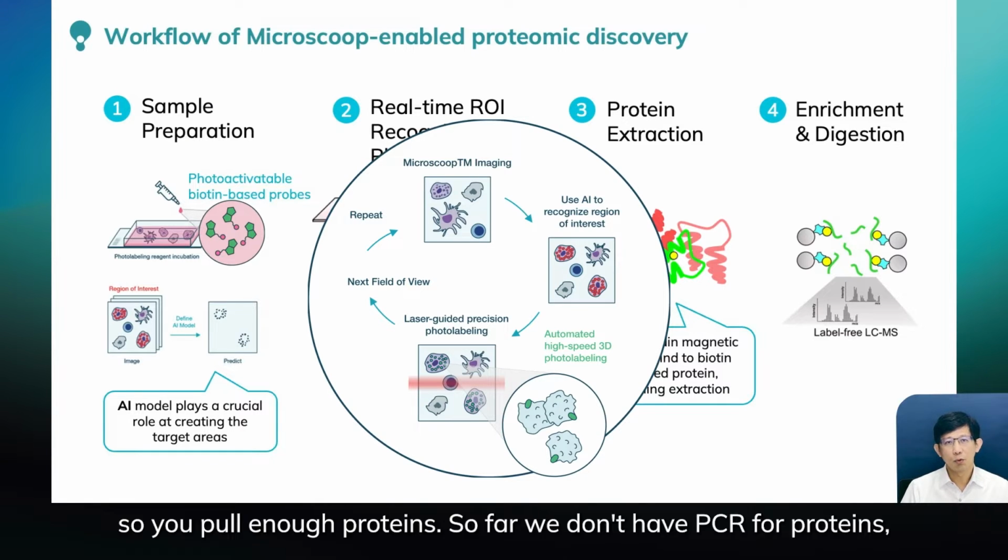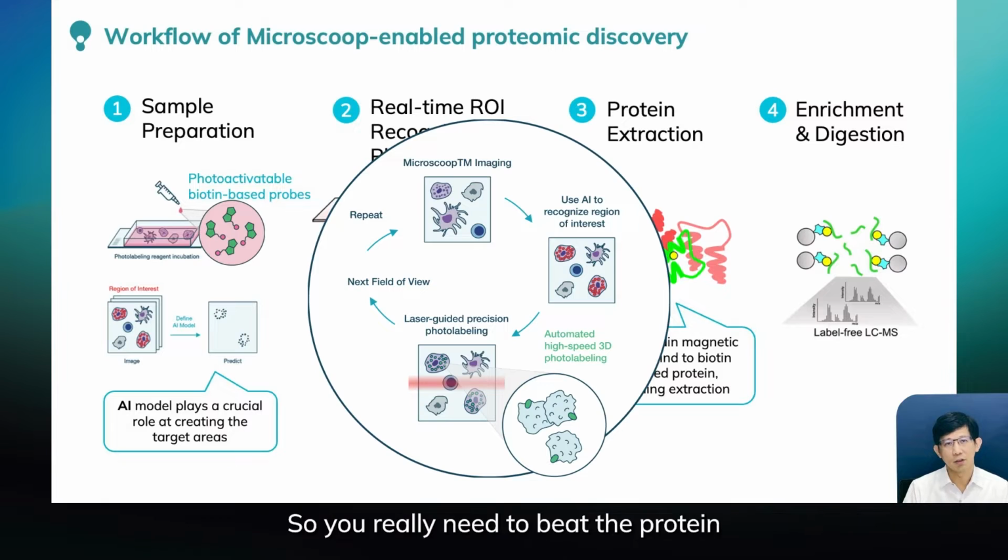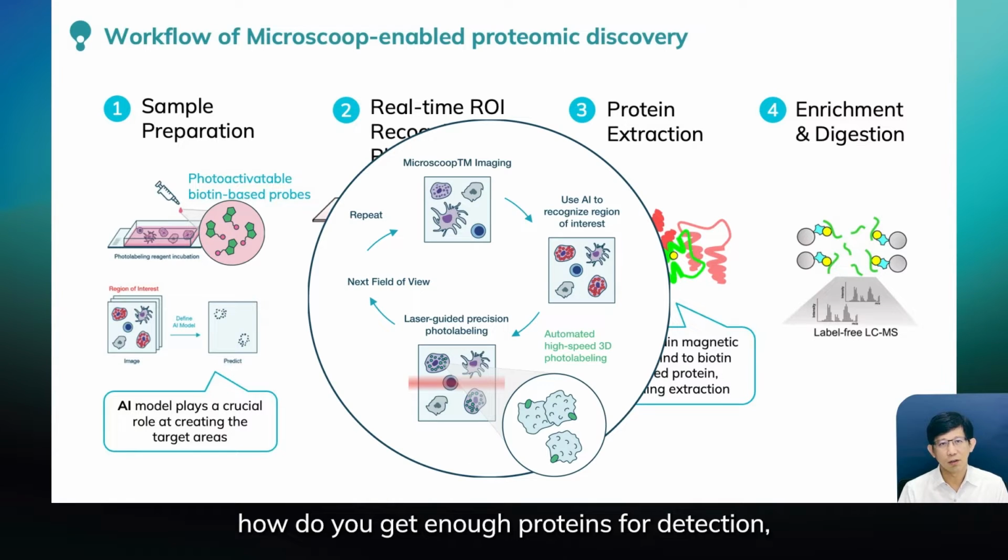Then you pool enough protein, because so far we don't have PCR for proteins, right? So you really need to beat the protein amplification problem by protein accumulation. That's why so far no other method can do it, because everyone is thinking, how do you get enough protein for unbiased detection, like using mass spec.